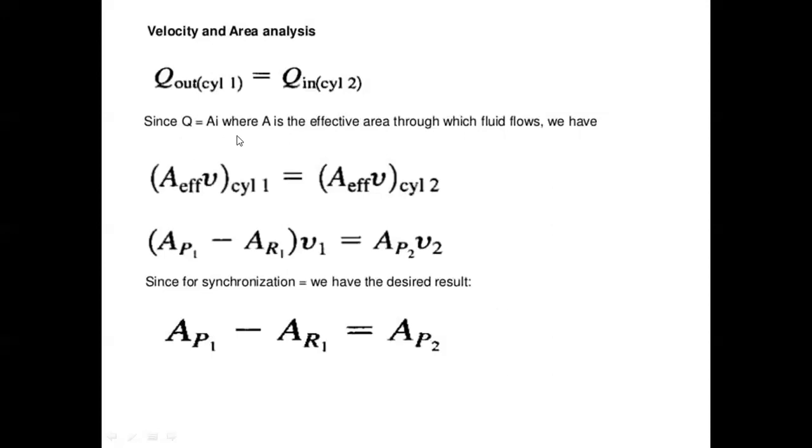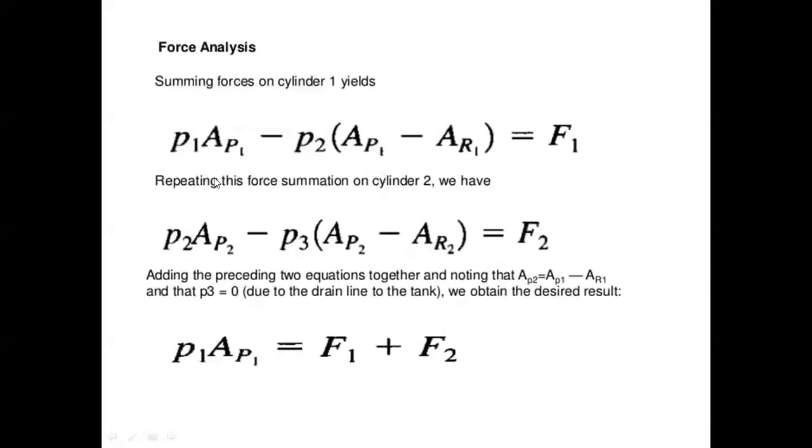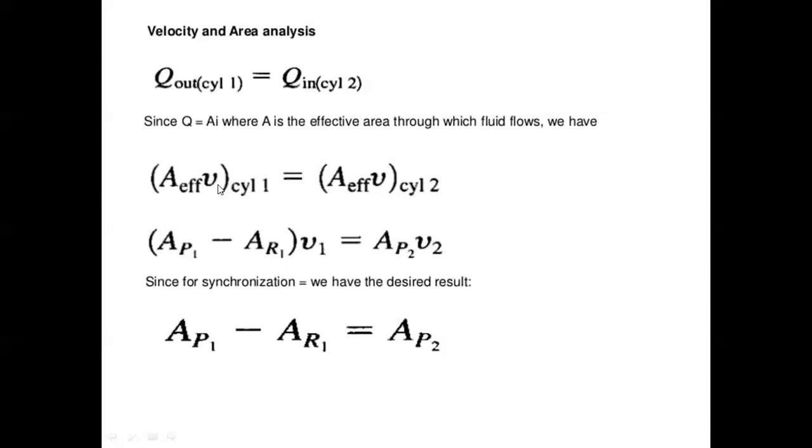Since Q equals A times V, where A is the effective area through which fluid flows, we have (AP1 minus AR1) times V1 equals AP2 times V2. For synchronization, the desired result is AP1 minus AR1 equals AP2.